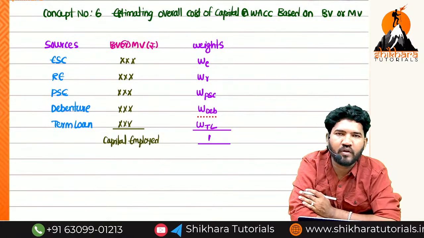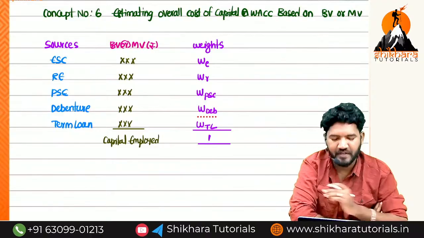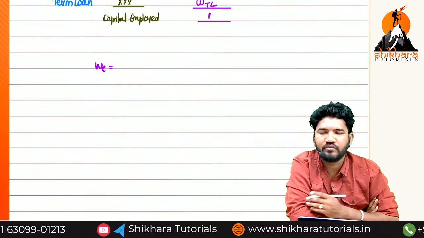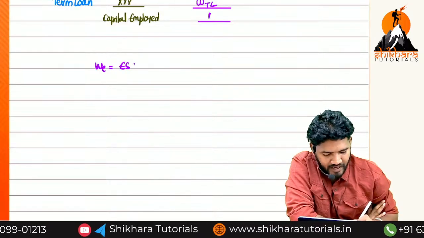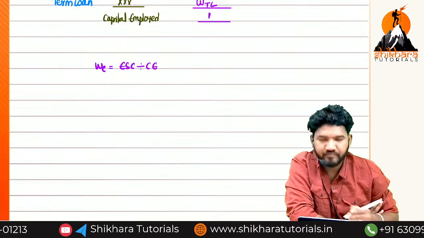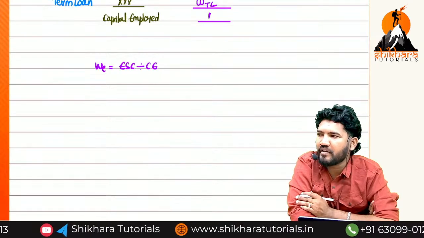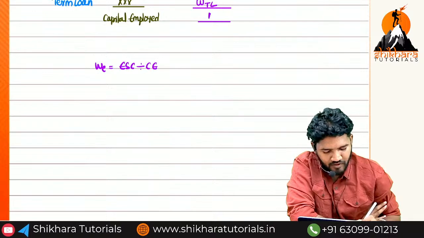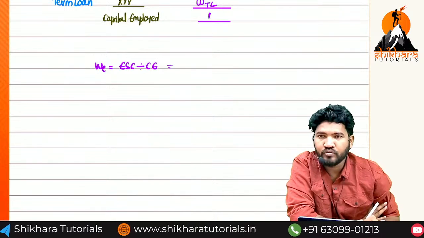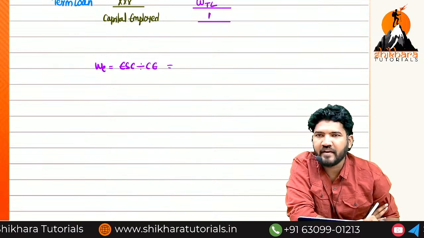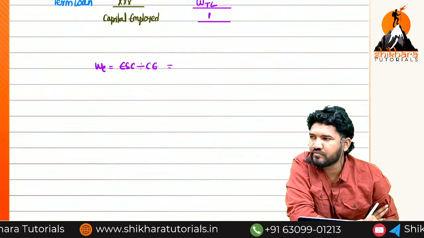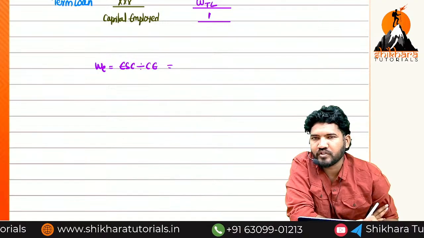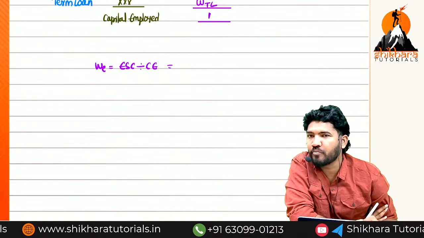How do you get these weights? Weight of equity equals equity share capital divided by capital employed. As per our example, 20 crore divided by 100 is 0.2.